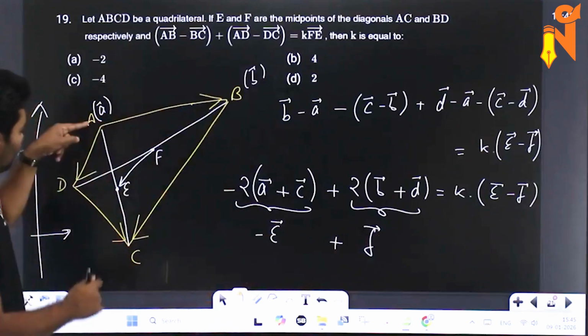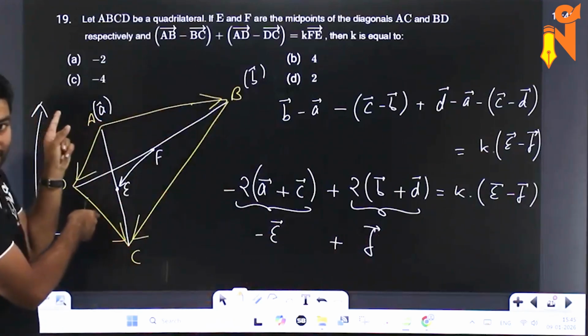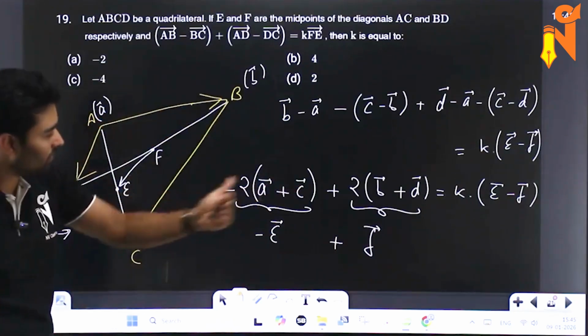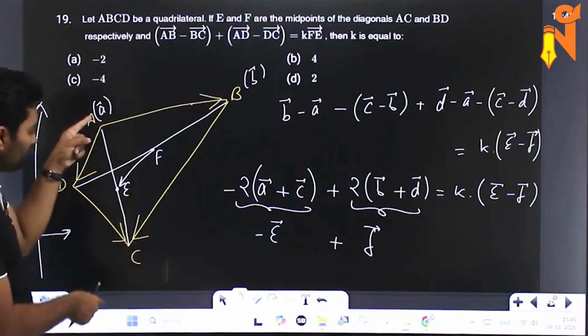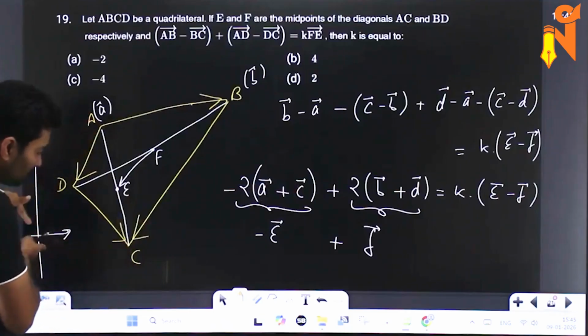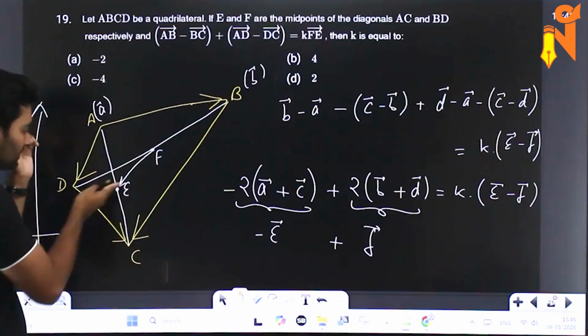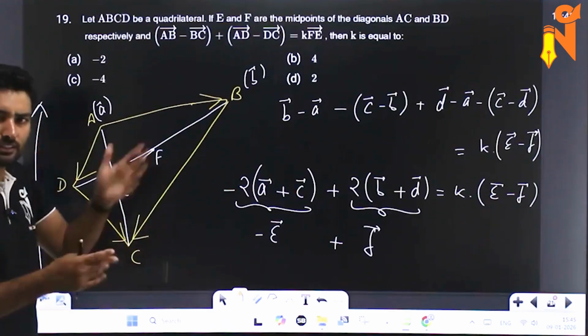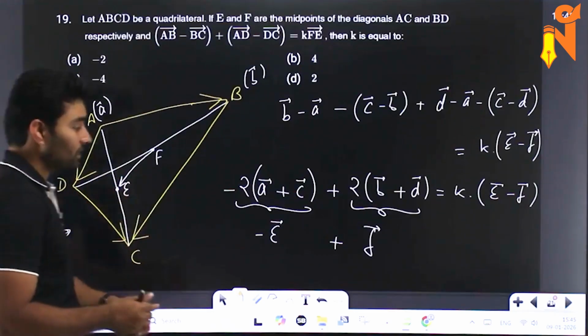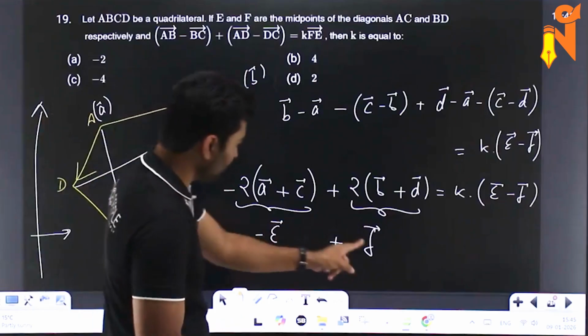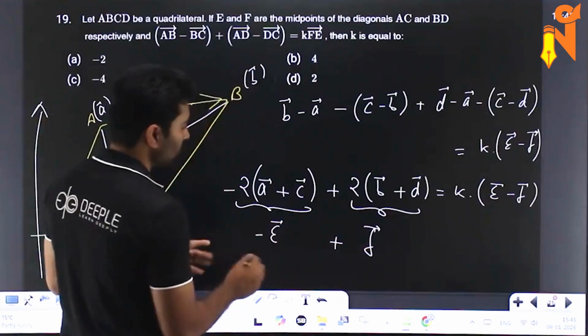Why? Because A plus C, the midpoint is E, so same concept. If A and C are position vectors, then how to find E? Nothing, A plus C by 2, right? Because it's midpoint.